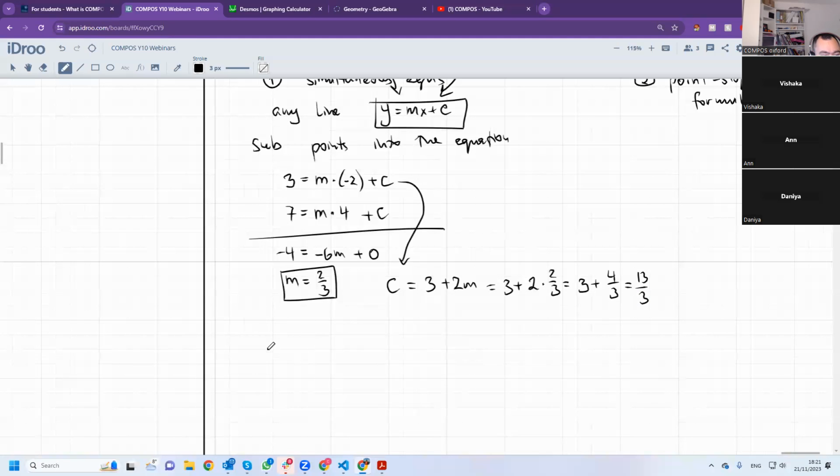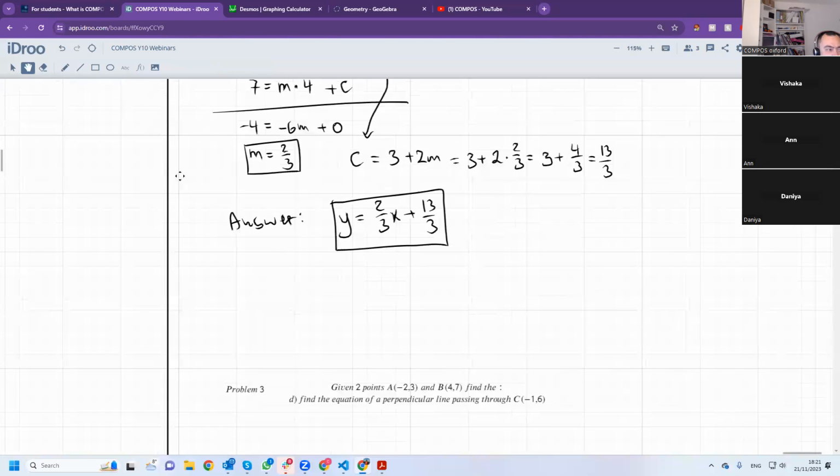Okay, so the answer: y is equal to 2/3 x plus 13/3. This is the equation of the line.